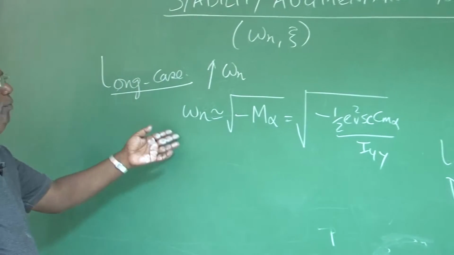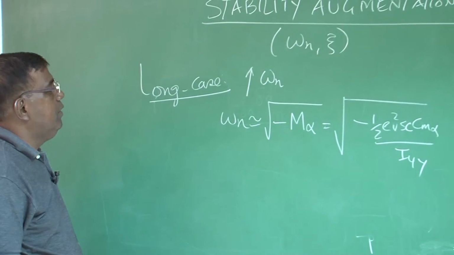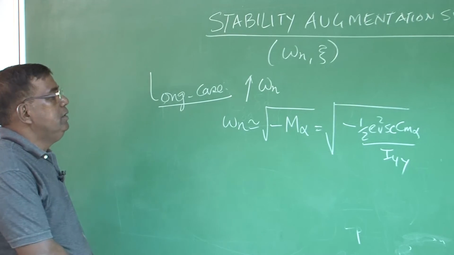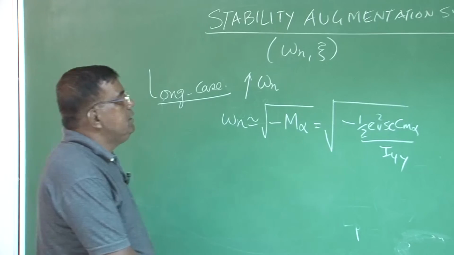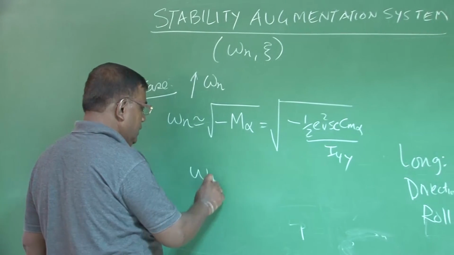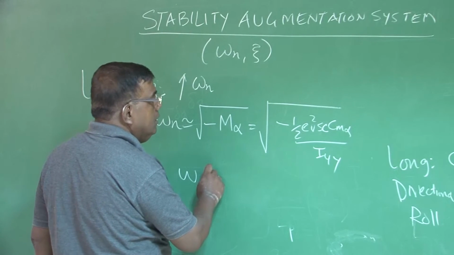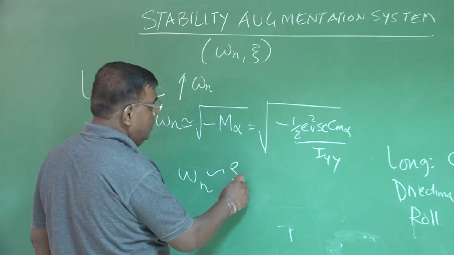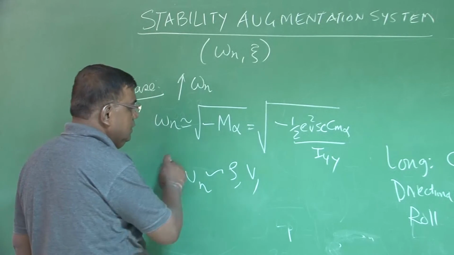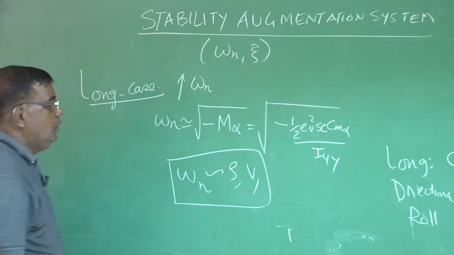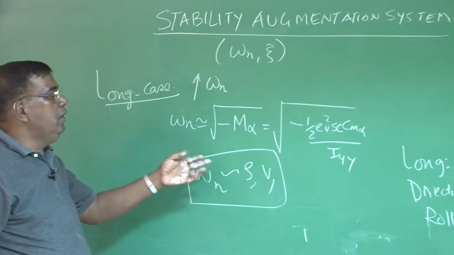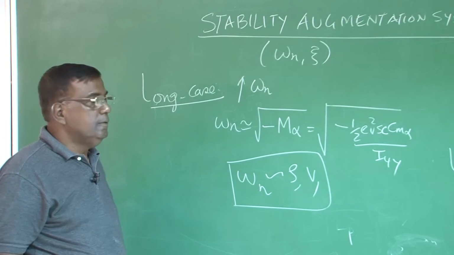If you want to increase omega n, the natural frequency of the longitudinal pitching short period motion, how can I increase this? Before that, I see that omega n will vary with rho and with V. This is very important: as I go higher and higher, omega n will go on reducing.